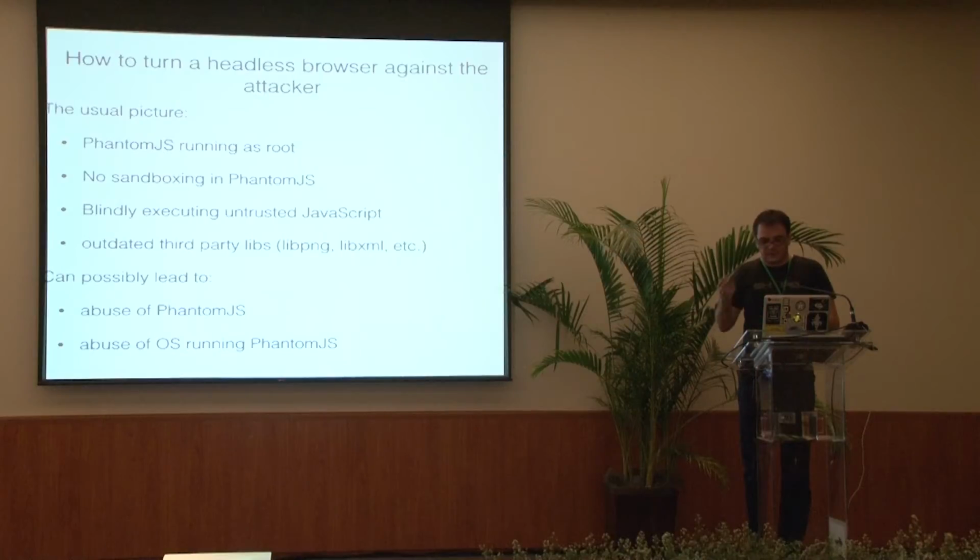They are trying to apply patches, but of course it takes some time between the 0-day of some library that Qt is using and the actual patch. And what can it lead to? Either abusing the Phantom.js process itself, or maybe even the operating system.